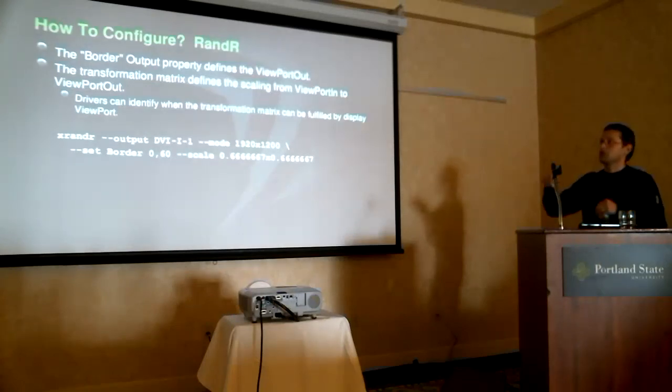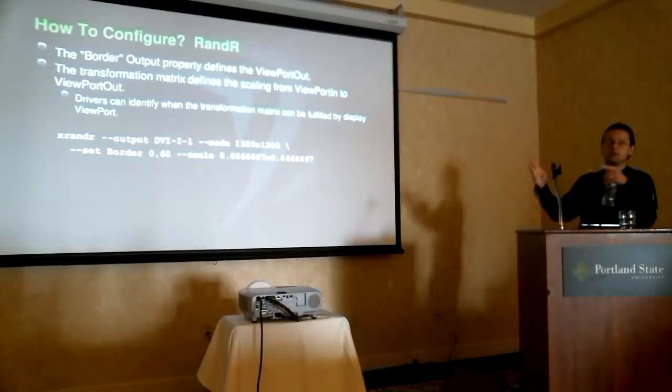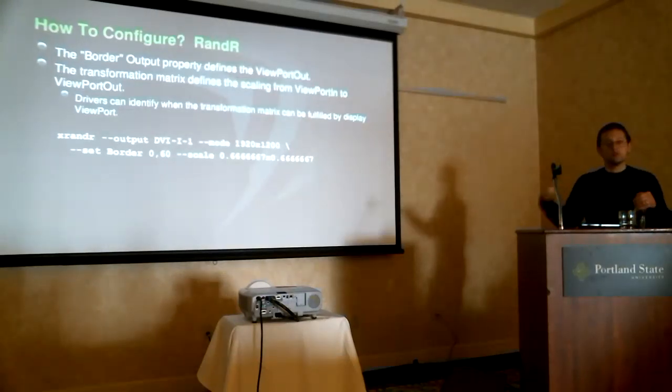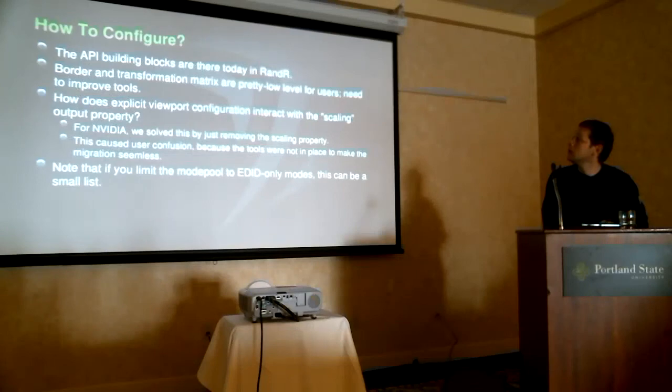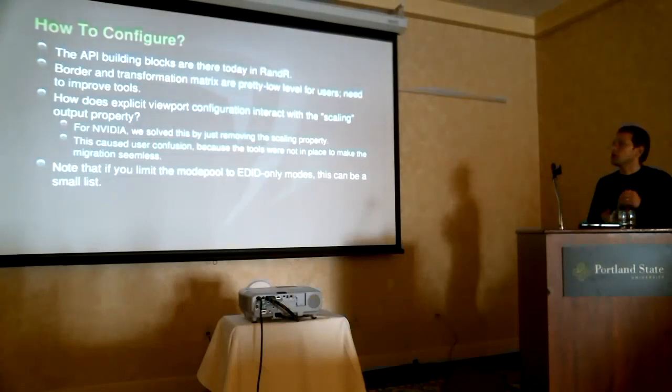So the border lets you specify a viewport out that's different than the active region, and then the scale or transform lets you define a viewport in that's different than the viewport out. So all those building blocks are there today, though they're maybe not the most user-friendly as is. The scale option is somewhat better than just the raw transform, but we can probably build better tools on top of that.